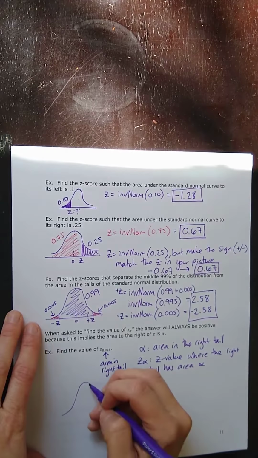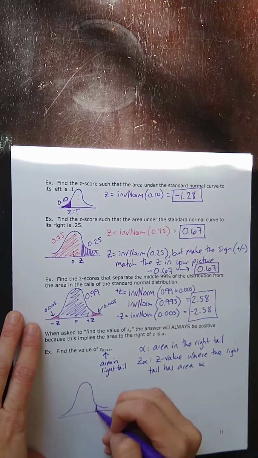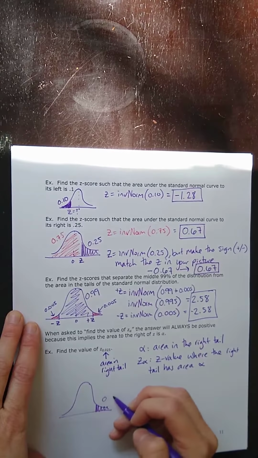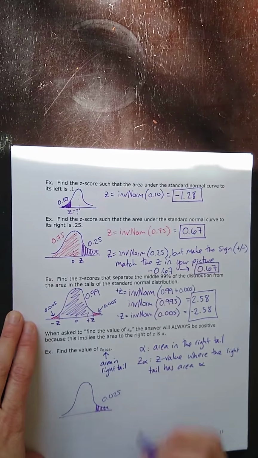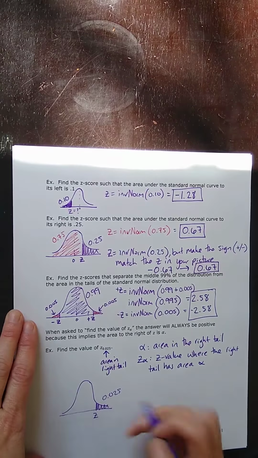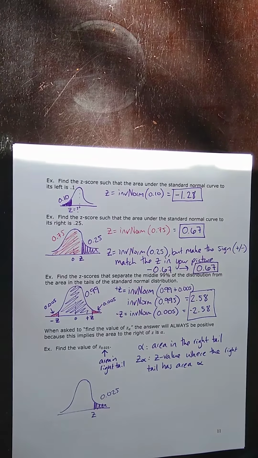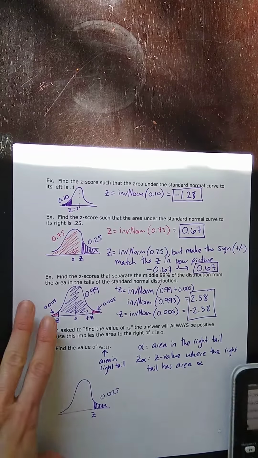So for a picture, it's a little right tail. The area of the tail is 0.025, and we want the z. So we're doing this inverse operation now. Instead of knowing the z and looking up in the table to find the area, we know the area, and we have to use inverse norm to find the z.